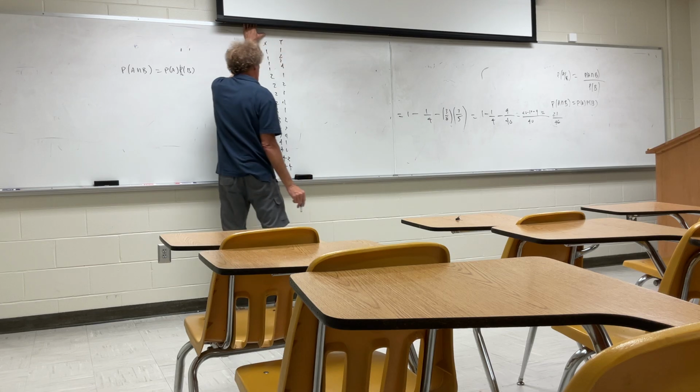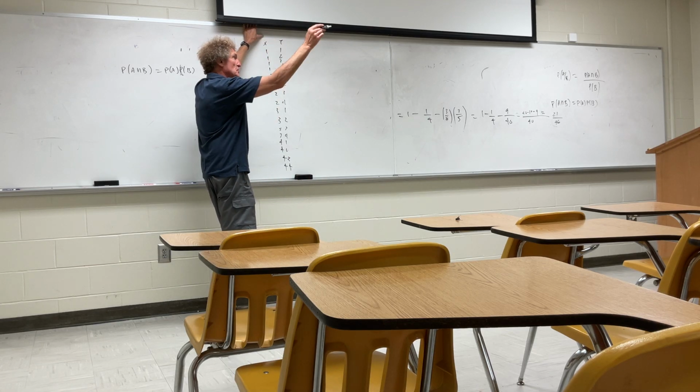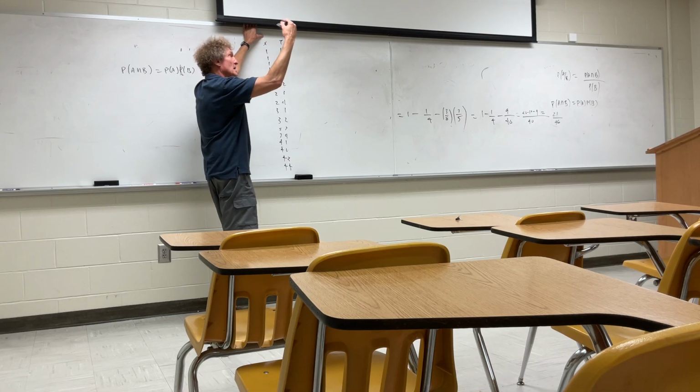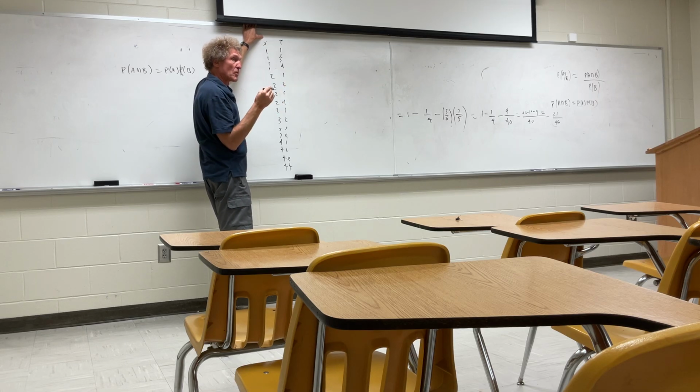I'm doing it this way. He shows outcomes of the first roll, X, going vertically down, 1, 2, 3, 4, and outcomes of the second, 1, 2, 3, 4, going horizontally.